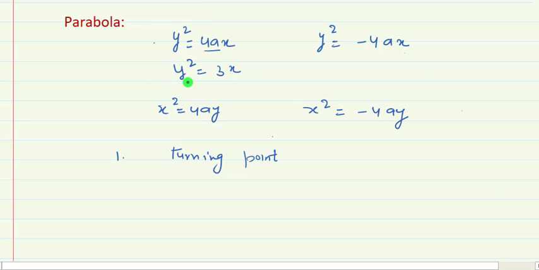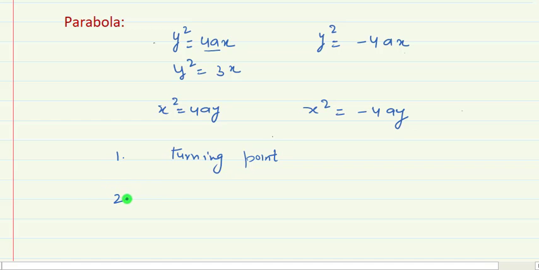So here if we put y is equal to 0, then clearly we'll get x is equal to 0 as well. Therefore the turning point of all these curves is 0, because as soon as we put the term in square as 0, the other term will also be 0. So for all these parabolas, the turning point is the origin.